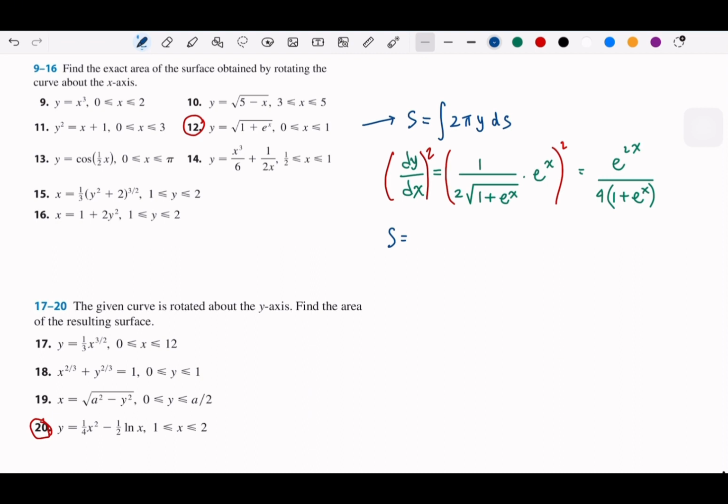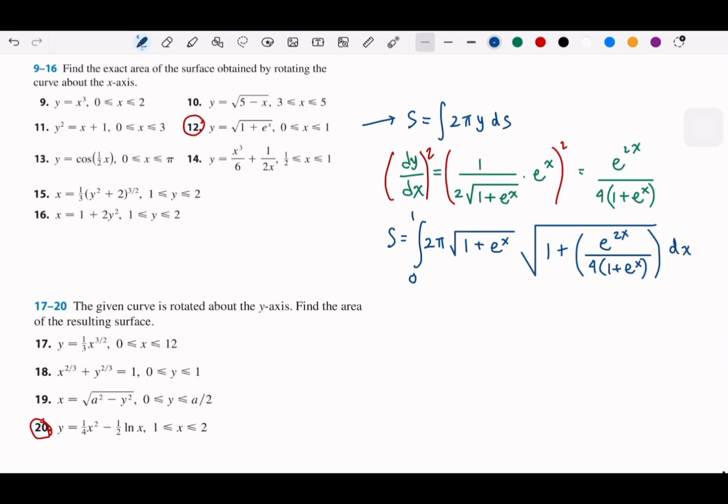So s is equal, and we focus on boundary x from 0 to 1, and then 2 pi times y, which is the square root of 1 plus e to the power of x, and then the square root of 1 plus (dy/dx) squared, which is e to the power of 2x over 4 times (1 plus e to the x), and then this will be dx. Okay?